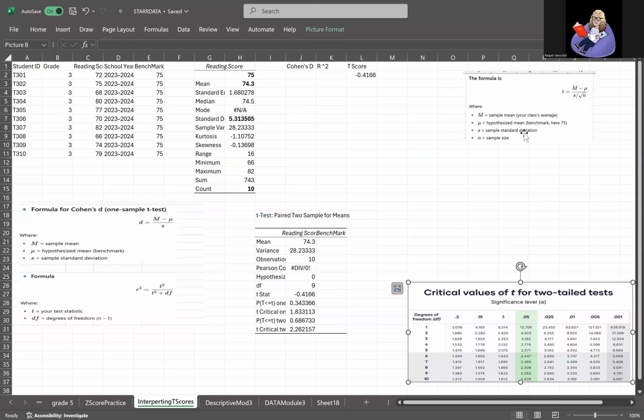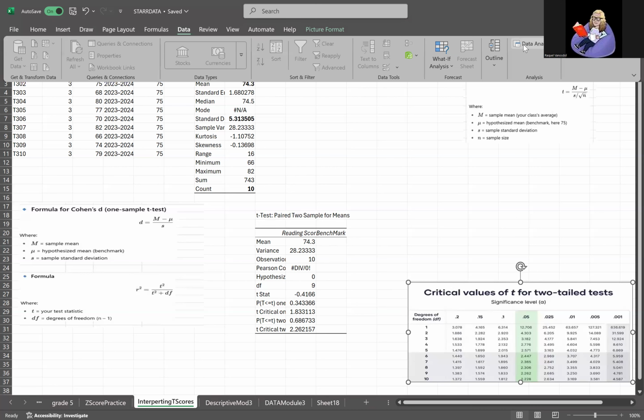And then you have your sample standard deviation and sample size. So it would be M minus mu, divided by the standard deviation over the square root of the sample size. And that is calculated here, and you get negative 0.416.